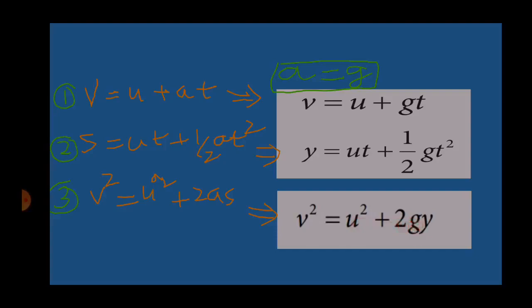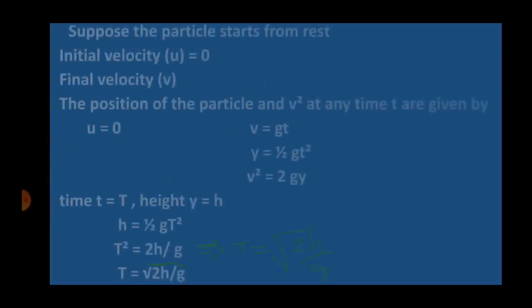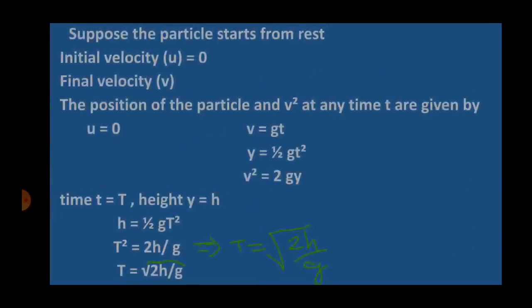In this case the initial velocity of the object, u, is equal to 0. Now understand students, the final velocity v and the position of the particle at any time t are given by these equations. Here the initial velocity u is equal to 0. Now substitute into these three equations.